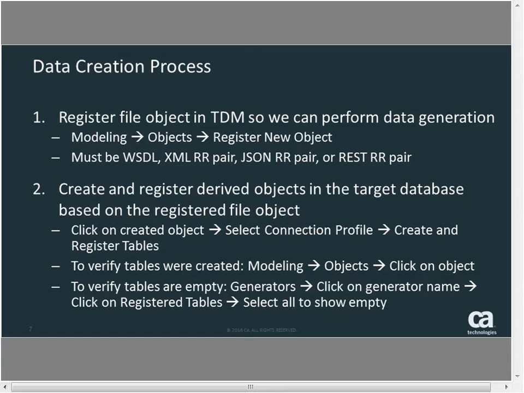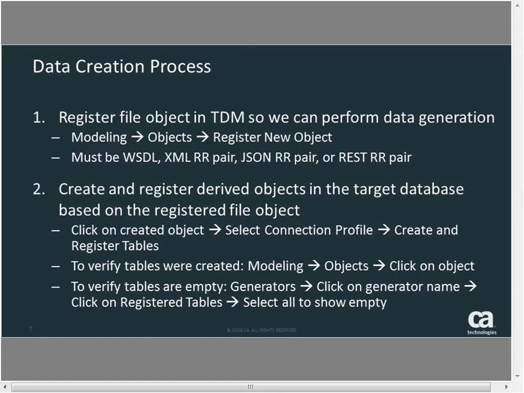And then what we do is we create derived objects in the database from the registered object. Okay, so we register a file and then we derive objects from that format. And the derived objects represent relational tables that you create out of the registered files, because the file objects, the WSDL, for example, includes non-relational data, so you can't directly work with it in TDM.